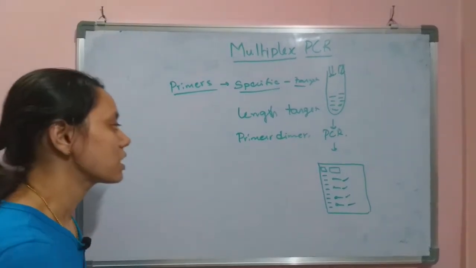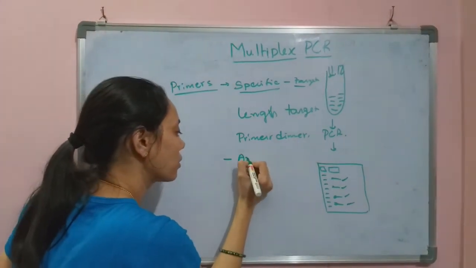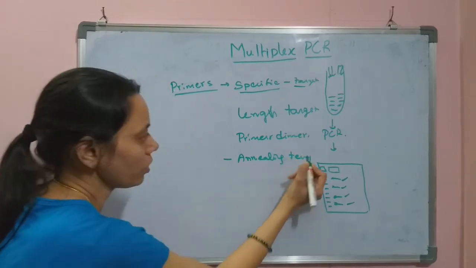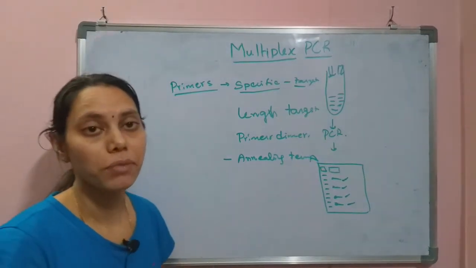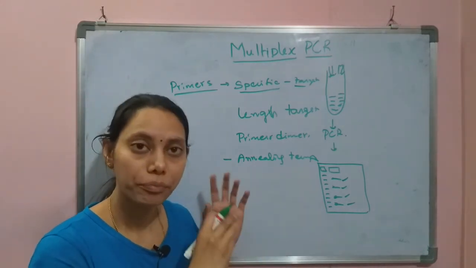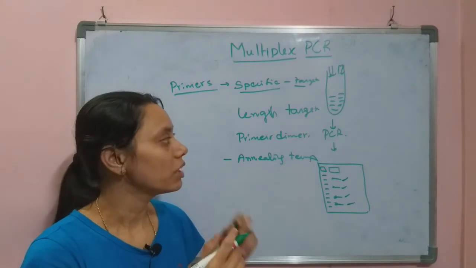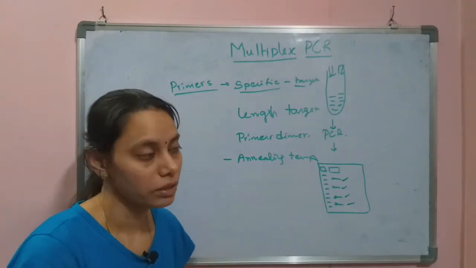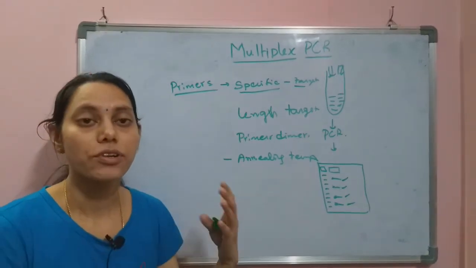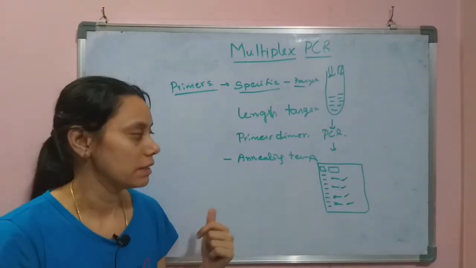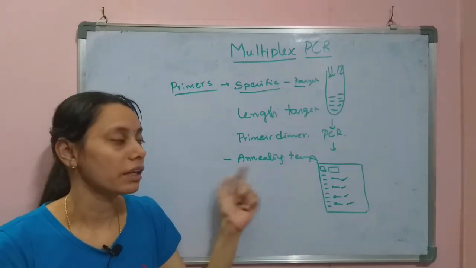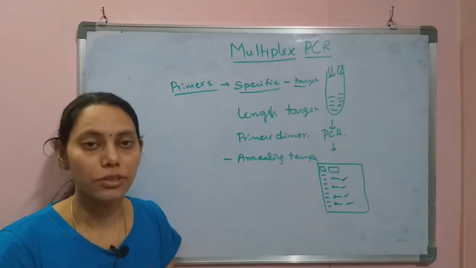and the next thing is the annealing temperature. Here we are using multiple reactions, that means many reactions, so we are using different types of primers as well. The sequence of primer one is different from the other. So obviously the melting temperatures of the primers are different, and the annealing temperatures will also be different.